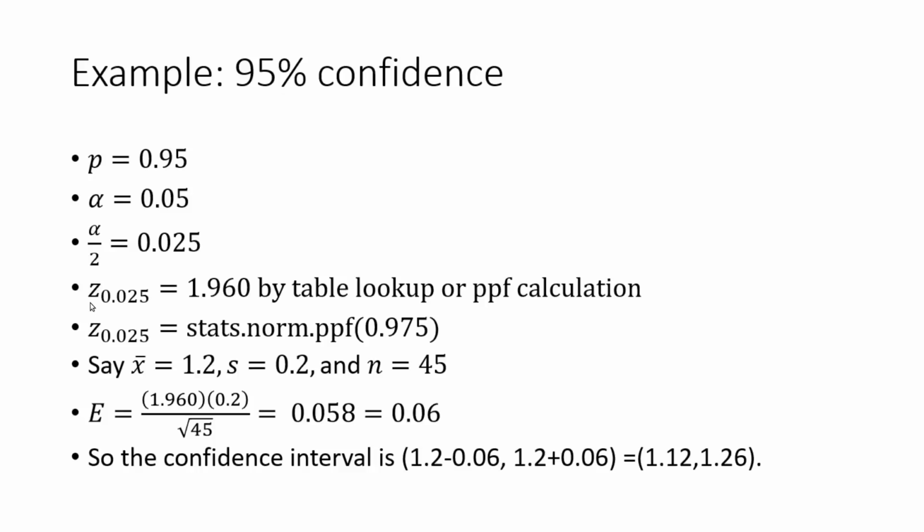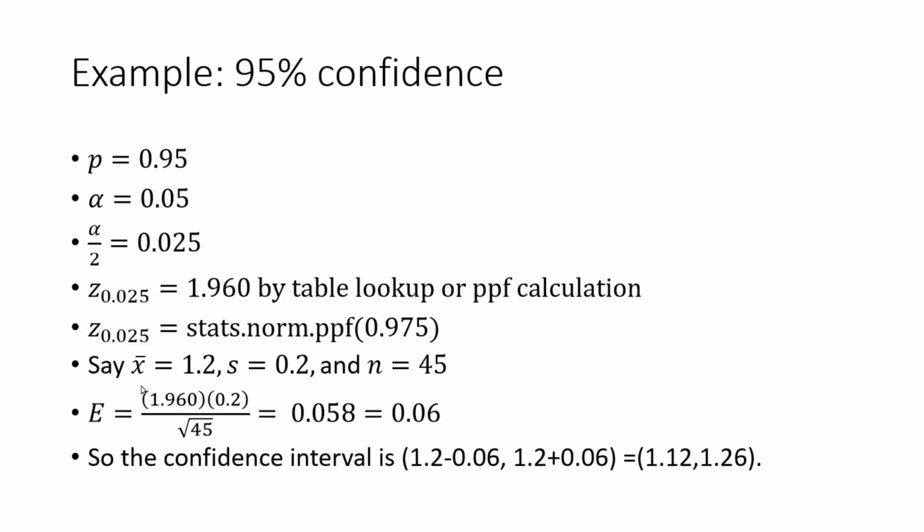And so my z sub 0.025 is equal to 1.960. I do that either by an old school table lookup, or by a PPF calculation that I will show you in the next video lecture. So again, this is stats.norm.ppf(0.975), taking 1 minus that 0.025.